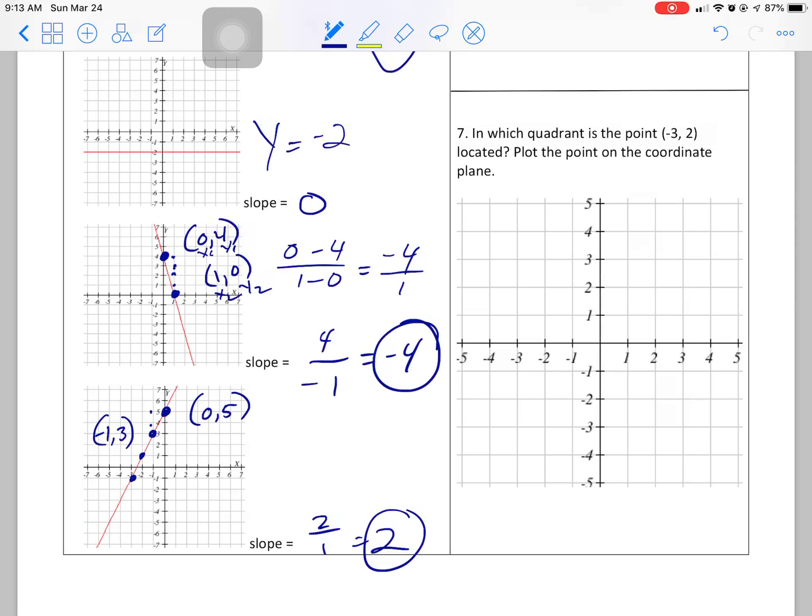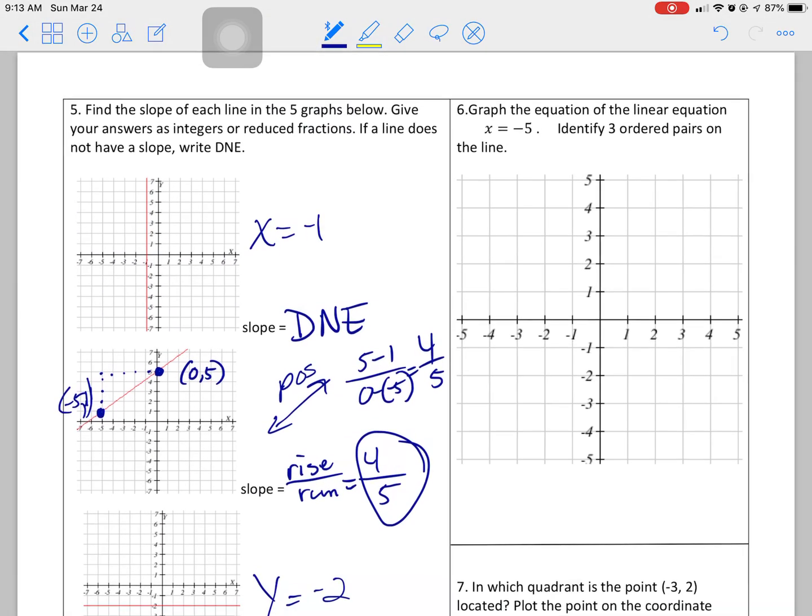It doesn't matter which one is point 1 and which one is point 2. It comes out the same no matter what. 5 minus 3 over 0 minus negative 1 is 2 over 1. Okay, so the slope is 2.